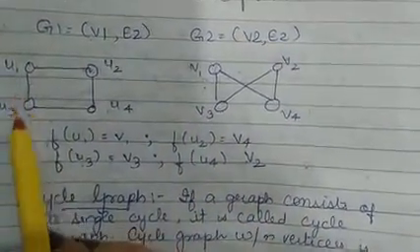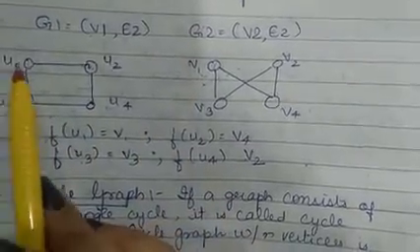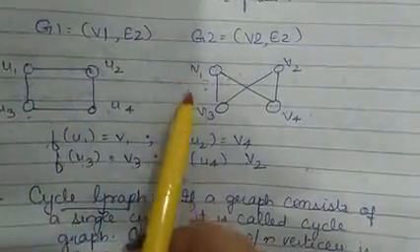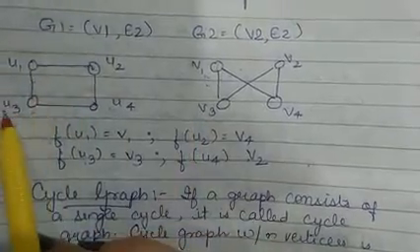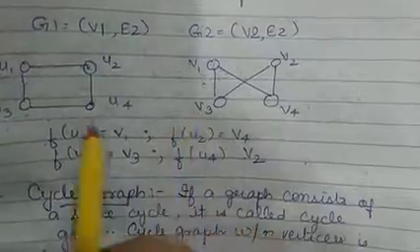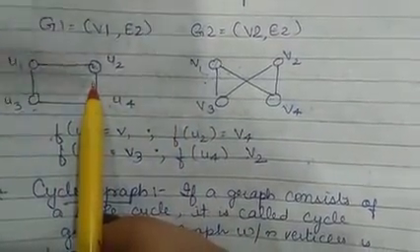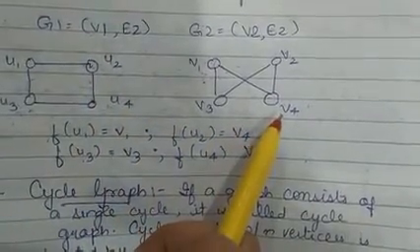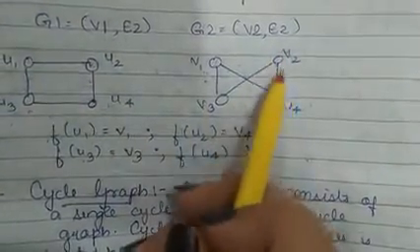So if u1 is connected to u3, then which edge is similarly connected? v1 is connected in the same way as v3, so we can say that f(u3) can be replaced with v3. Then f(u4): u2 is connected, and in this scenario f(u4) can be replaced with v2.